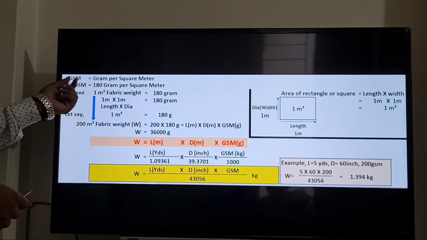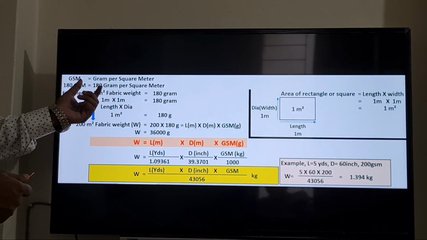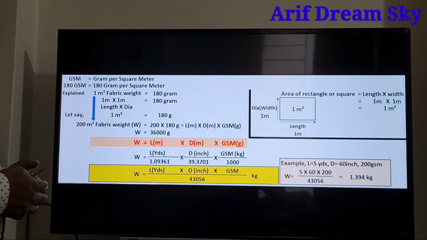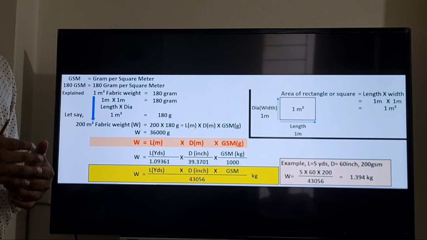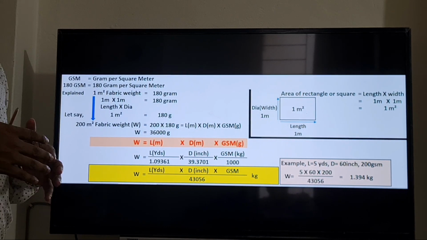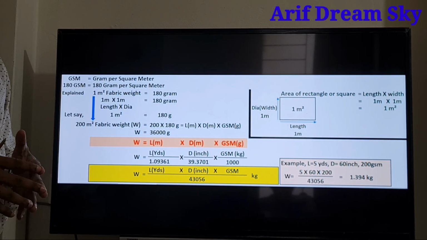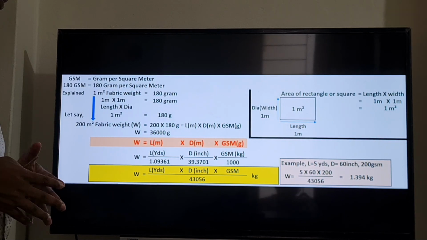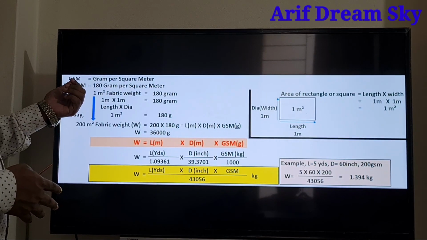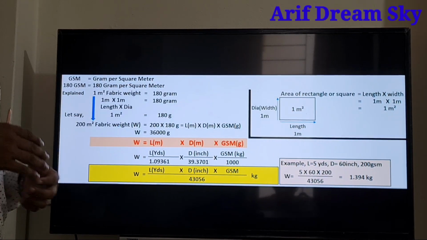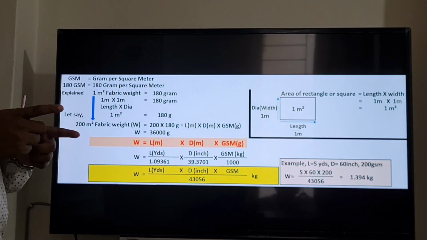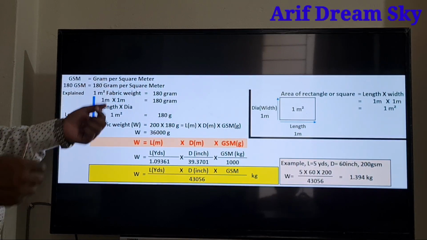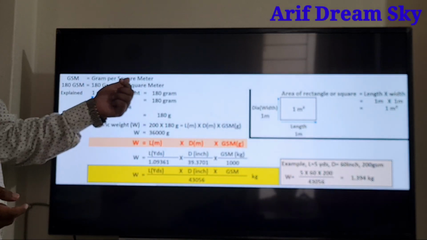GSM equals gram per square meter. This is a very general concept that students, whether from a textile background or not, who have just joined the industry as freshers already know. It means that 1 GSM is 1 gram per square meter.